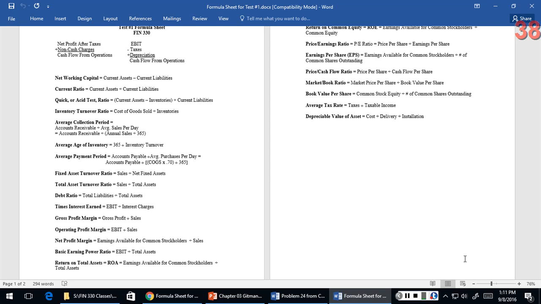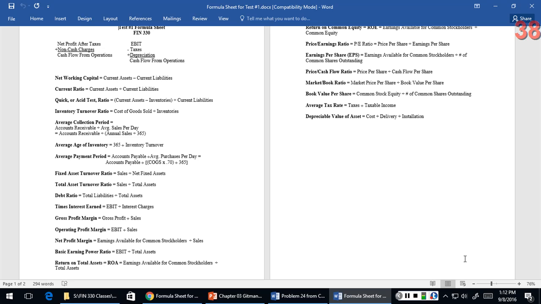After taxes. Okay, let me give you one other item. When you get the chance to watch the video calculating all of these, you will see that the example in the book has a company with shares of preferred stock. So when you get down to net profit, they have to subtract out preferred stock dividends to come up with earnings available to common stockholders.